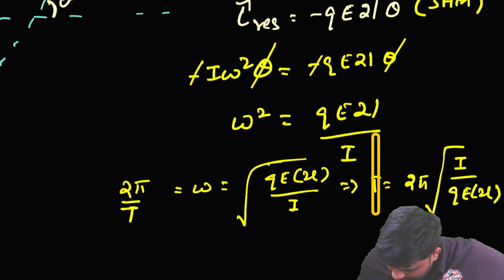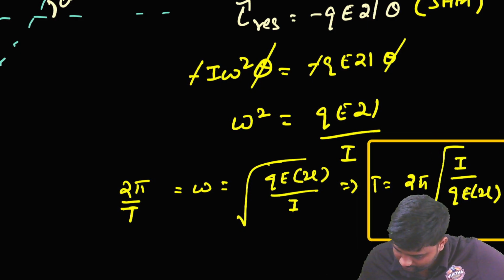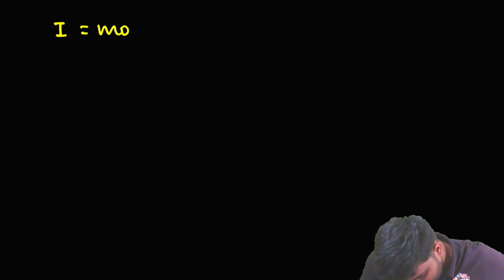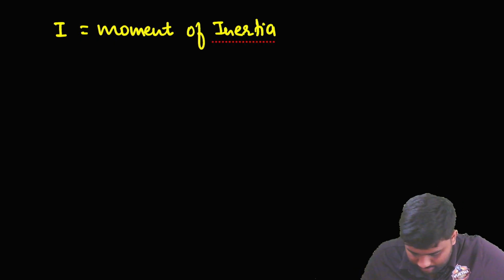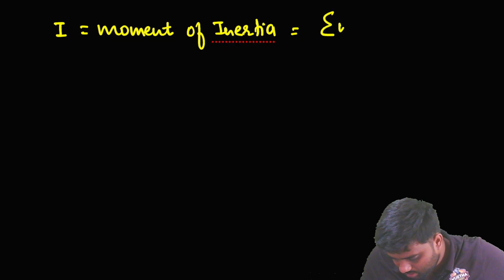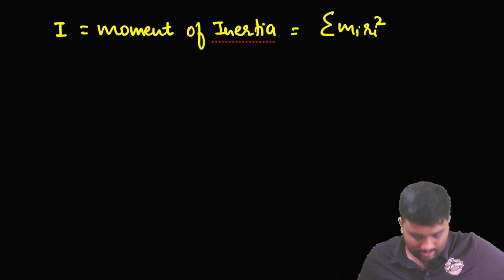See here, let us elaborate on this a little. Whenever we are talking about the moment of inertia, I is the moment of inertia. Moment of inertia we write as the summation of all the masses into the distance squared. That means it is for discrete masses.